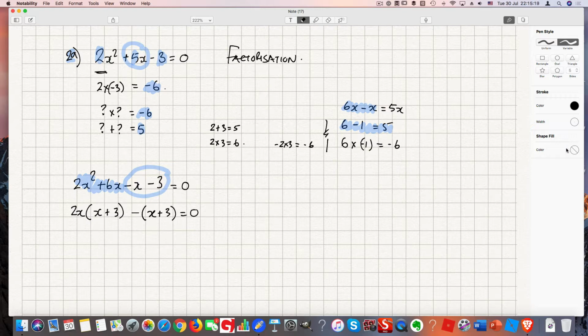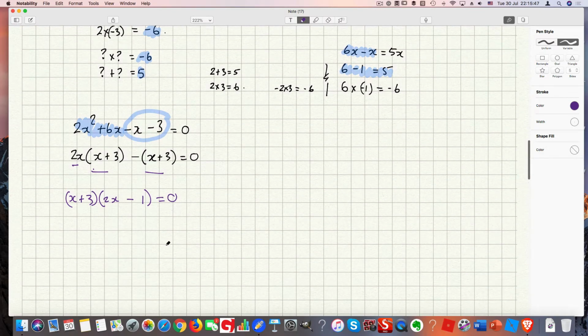Now the next thing we're going to do is factorize, because x plus 3 is common. We can write x plus 3 in brackets, and then put another bracket, and say we're left with 2x here if we factorize x plus 3, and we're left with minus 1 here, and that's equal to 0.